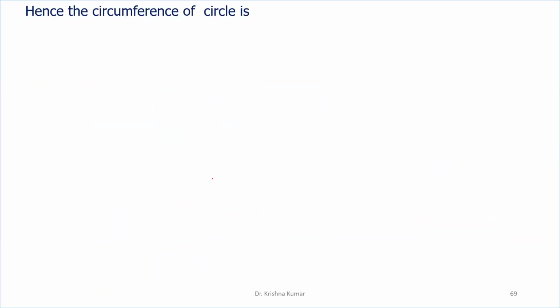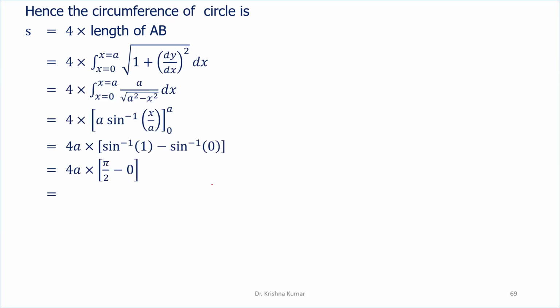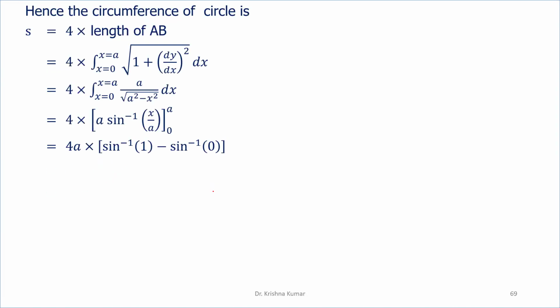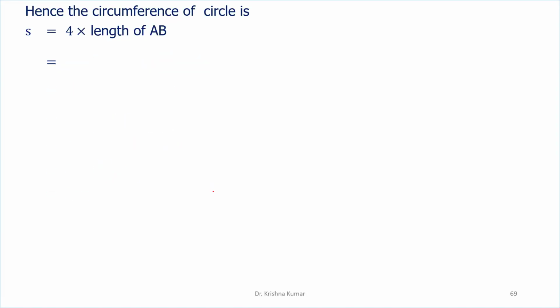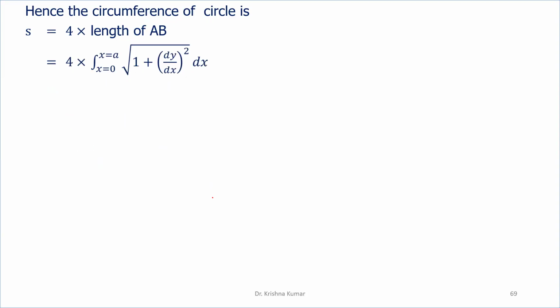Hence the circumference of the circle is 4 times the length of AB. What is the meaning of this? Let me show you. We have a circle.